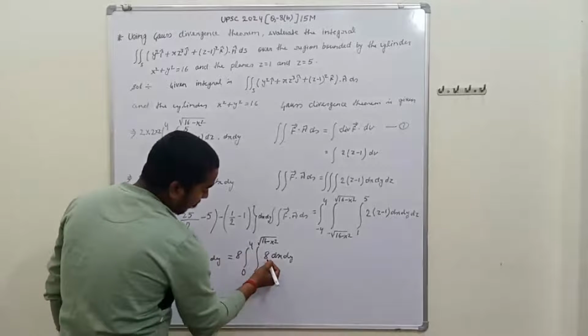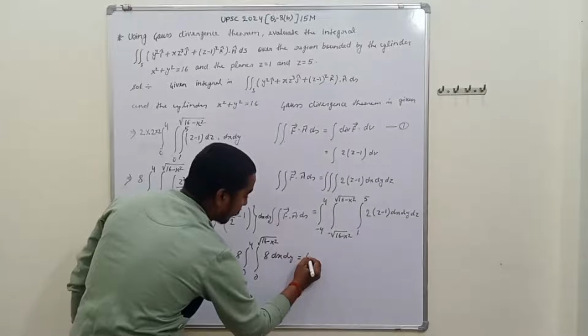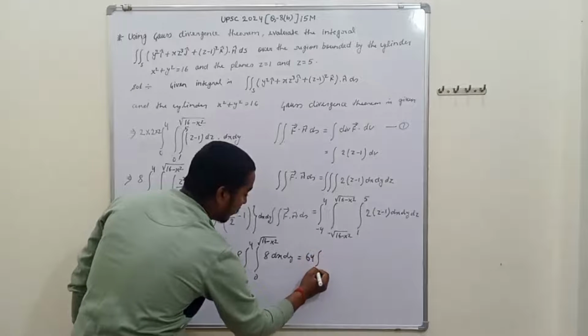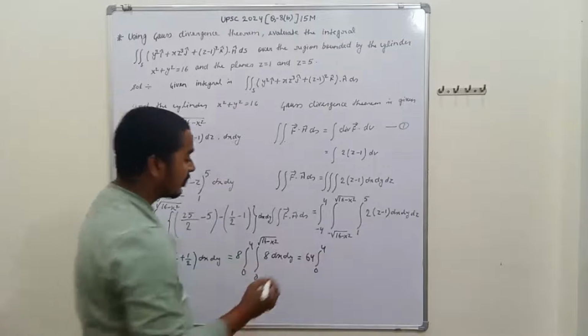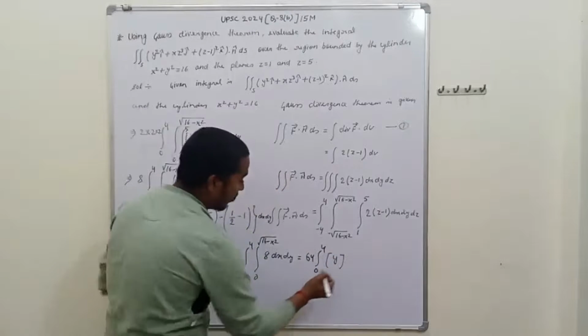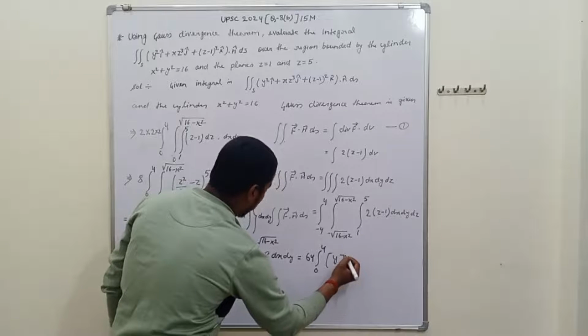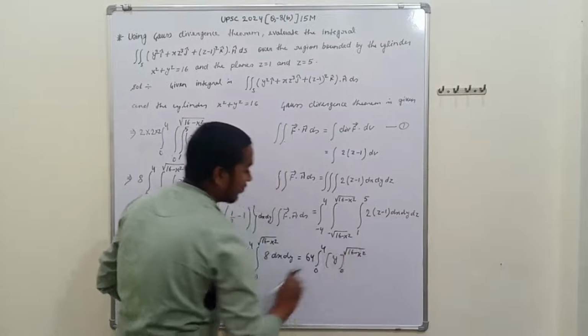From here we integrate with respect to y. Taking 8 outside, 8 times 8 is 64, with limit 0 to 4, and the integral of dy is y, applying the limit 0 to under root of 16 minus x square.